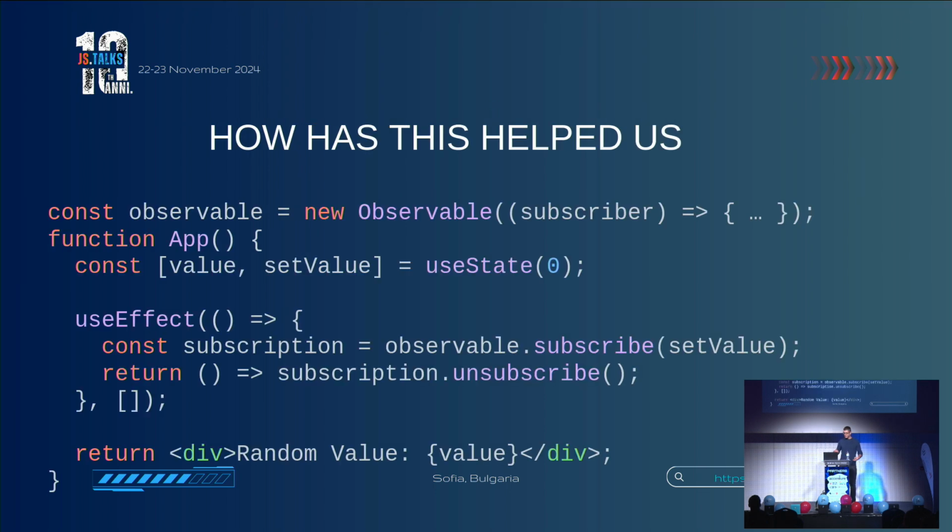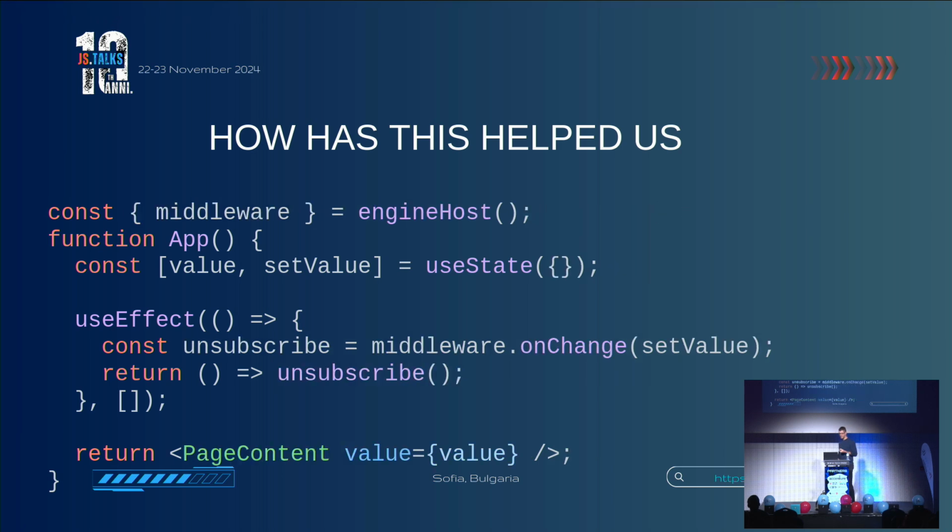So, how have these principles actually helped us in our day-to-day work? Well, we're currently working on our email marketing campaign tool and another tool that's soon to be released. If you look at our source code, you're going to see something that looks like this, which is really similar to this observable behavior.